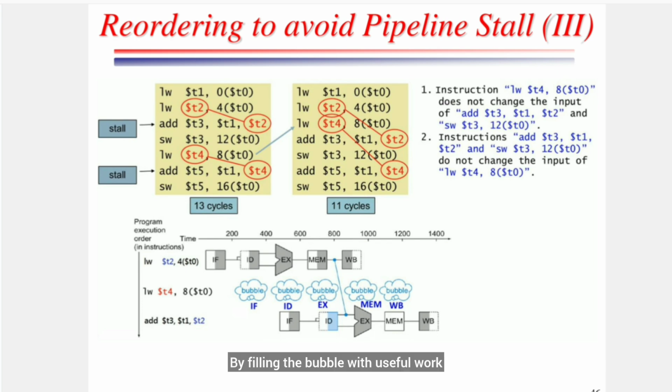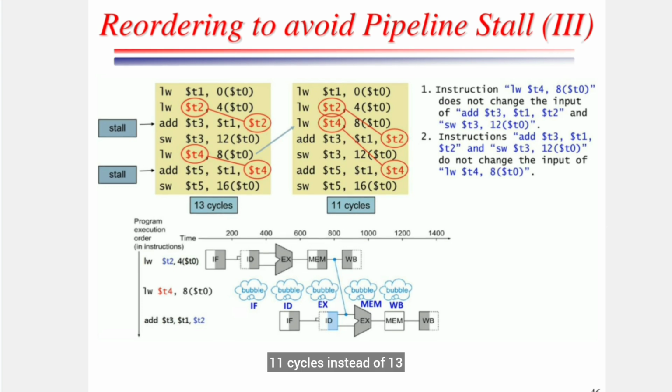By filling the bubble with useful work, we eliminate the stalls. As you can see in the comparison, the optimized code finished in 11 cycles instead of 13. This demonstrates how smart compiler scheduling can significantly improve hardware efficiency.